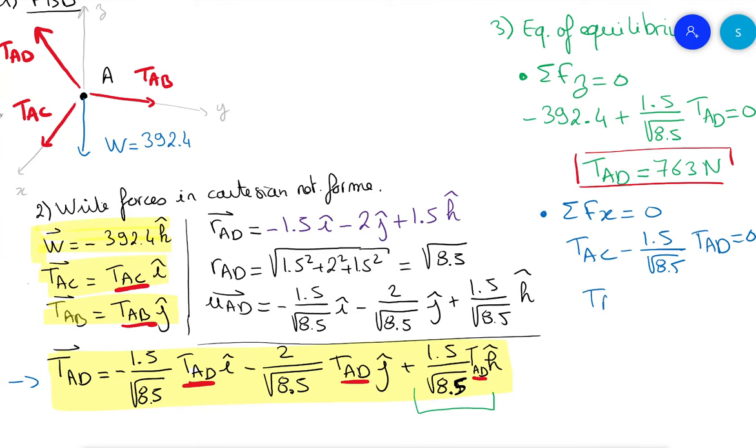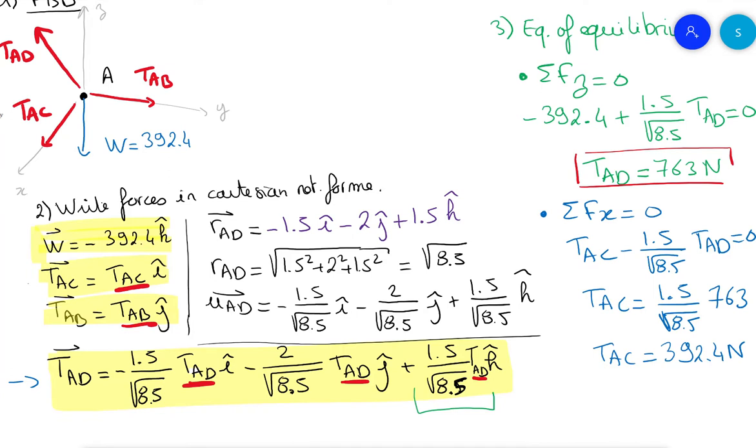So TAC is equal to 1.5 divided by the square root of 8.5 times TAD, and TAD is 763 Newton. So we got TAC equal to this one times 1.5 divided by the square root of 8.5: 392.4. We come back to our weight.